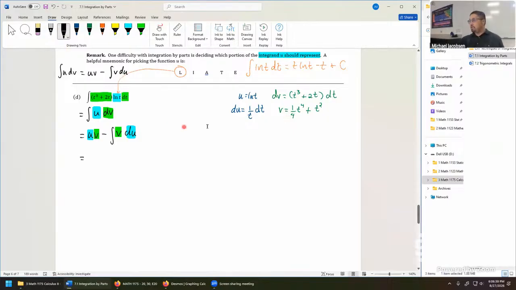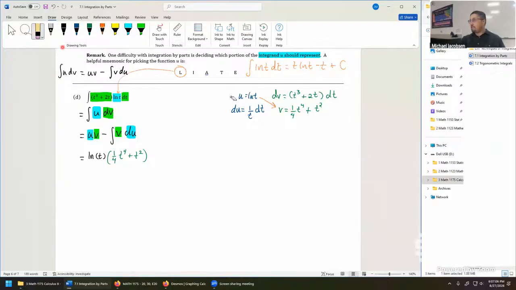So here's the substitution. For u, we've got natural log t. For v, we've got a whole bunch more. Here's all that stuff: a fourth t power 4 plus t squared. So this entire uv portion boils down to going off diagonal this way, multiplying.